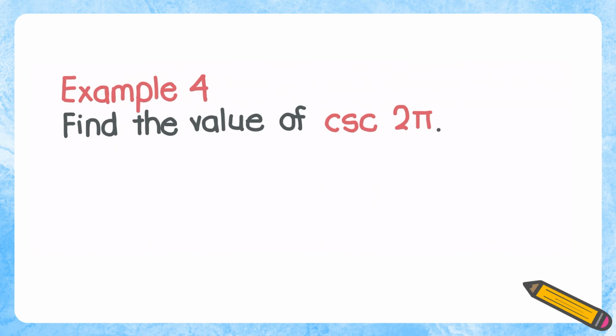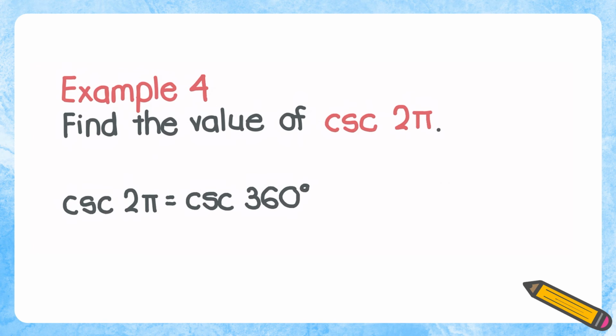So for example 4, we're going to find the value of cosecant of 2 pi. In other words, we're going to be finding cosecant of 360 degrees, a full circle. Converting from radians to degrees. And we know that the cosecant function is the reciprocal of the sine function.